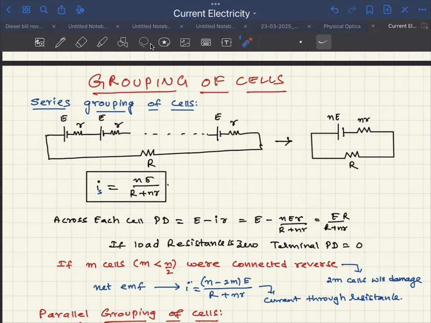Here also, plus minus, plus minus, plus minus. In that order, I will connect n cells. The first cell's positive terminal and the last cell's negative terminal will be connected across a capital R. Here, capital R is called a load.